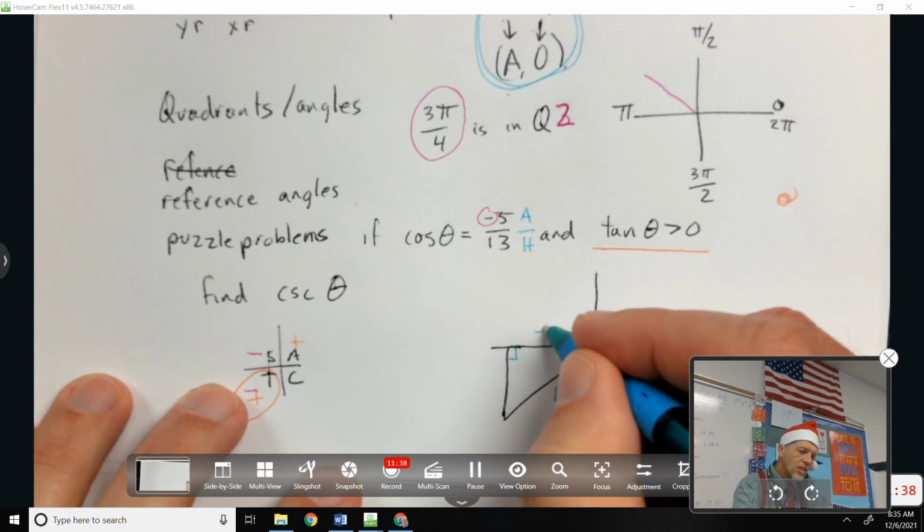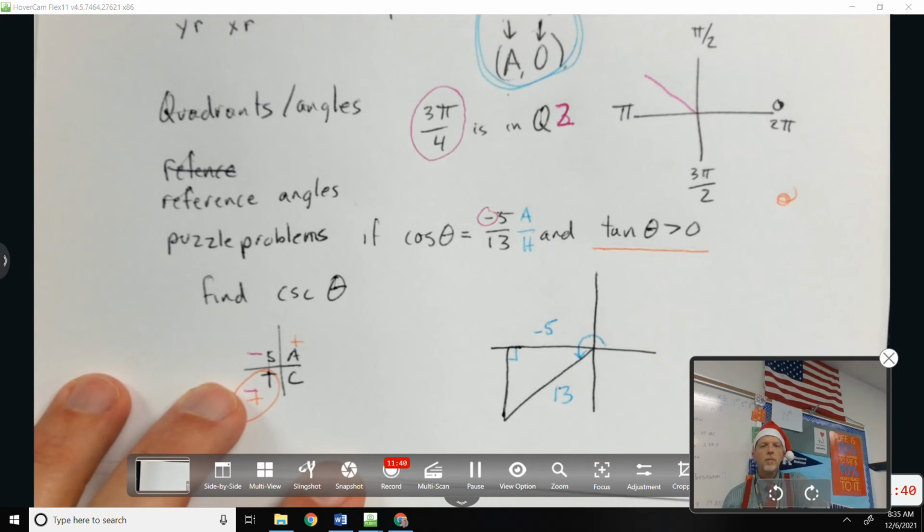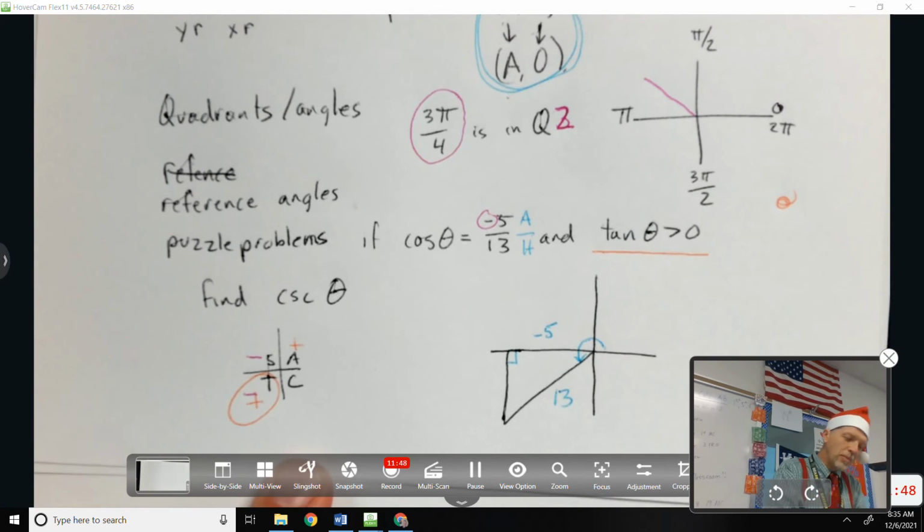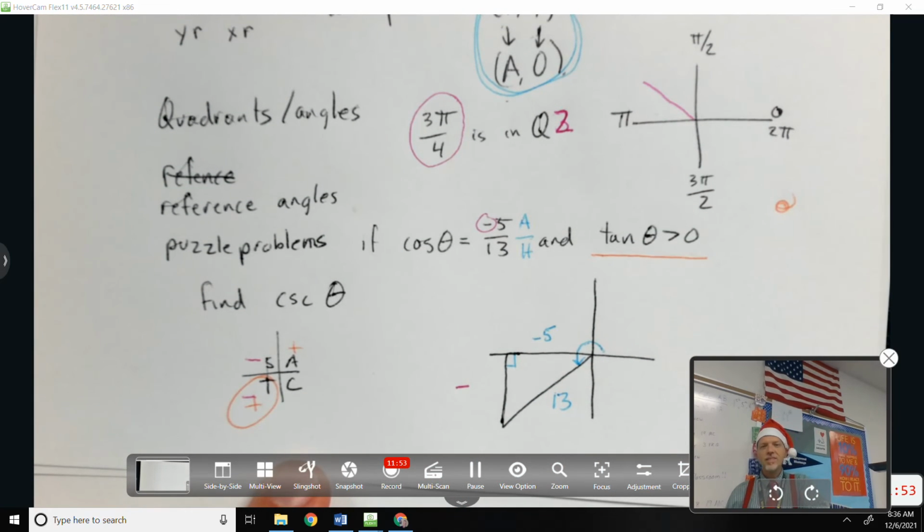So that adjacent is negative 5. I have a missing side now. It's negative something. I don't know what it is yet, but it better be negative because it's going down. Well, that side length is going to be negative.